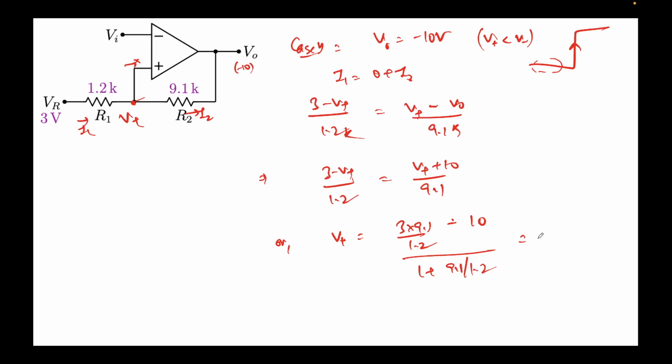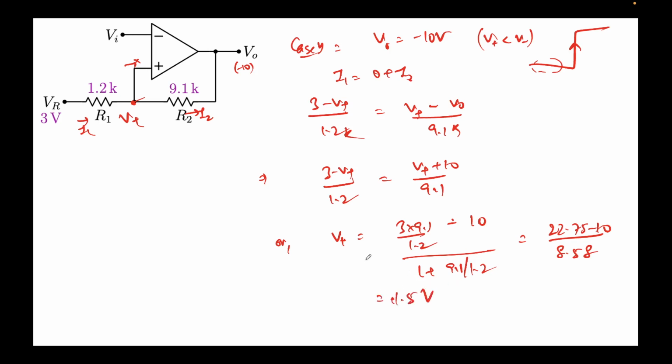These are the same terms that we saw before, so nothing has changed about it. So it's 22.75 minus 10; in the earlier case it was plus 10, divided by 8.58, as we remember. So 22.75 minus 10 is 12.75 divided by 8.58. This comes out to be around 1.5 volts.